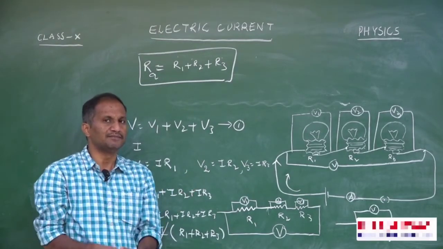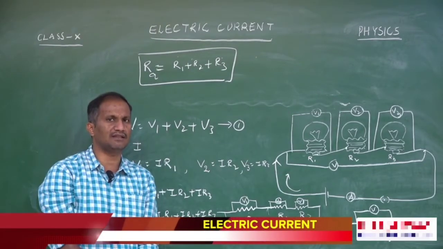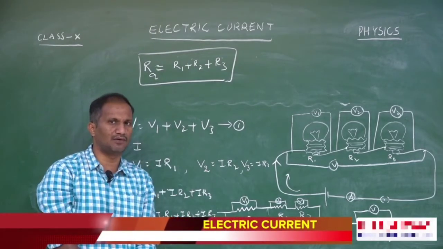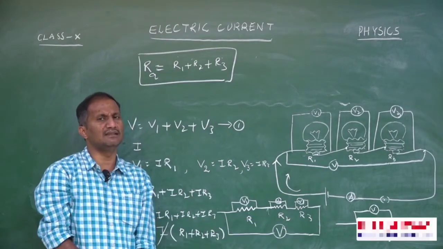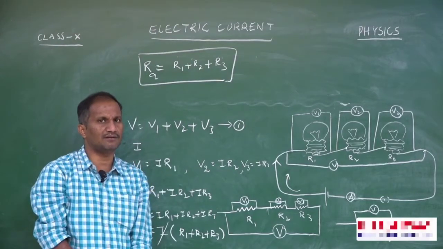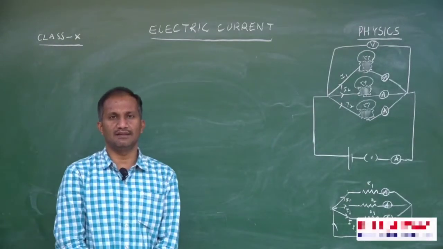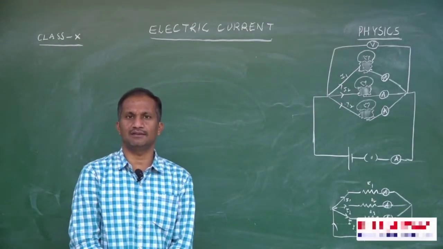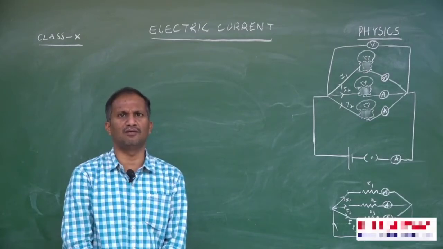First, the resultant resistance is equal to the sum of the individual resistances in series combination, and second, the resultant resistance is more than that of any individual resistance of the series combination. Now we are going to see the resultant resistance offered by the resistors when they are connected in parallel combination.